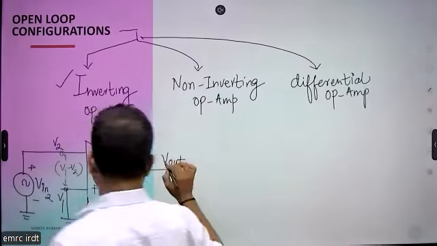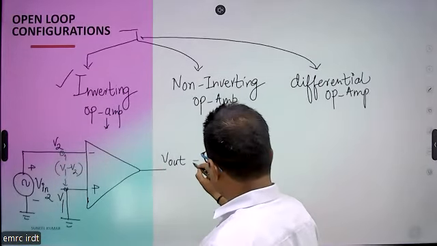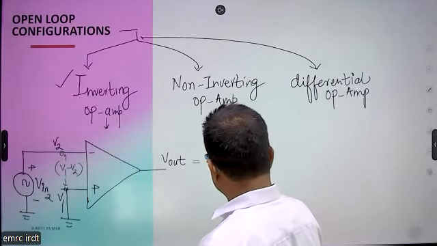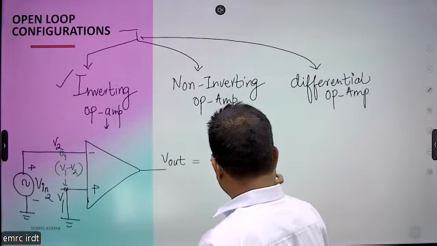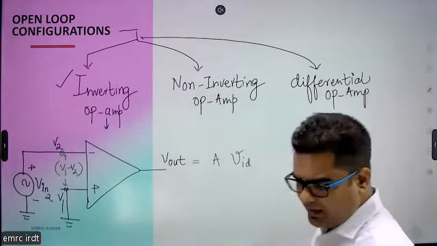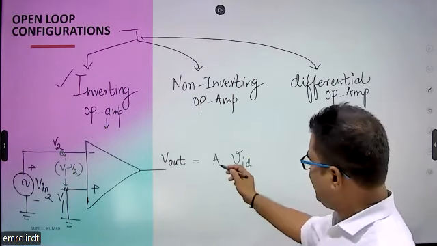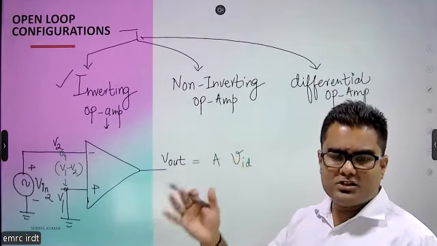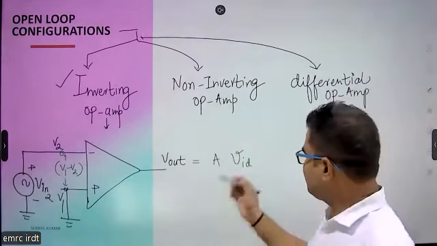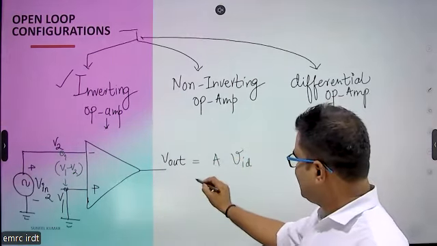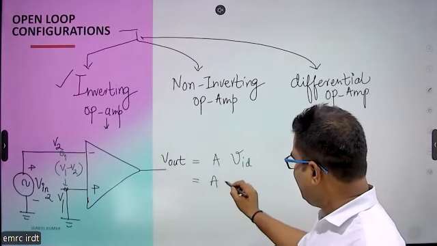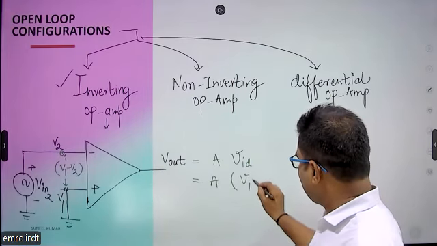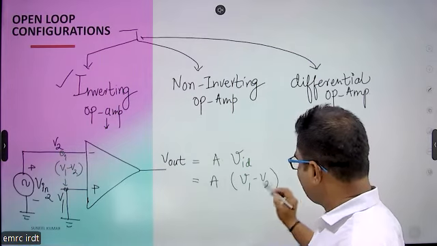So what will be the output? The output will be simply A times VID. We know that gain is always the ratio of output voltage to input voltage. In an operational amplifier, we have the difference of the input terminals, so this is VID. So we can write A into VID as A into V1 minus V2.